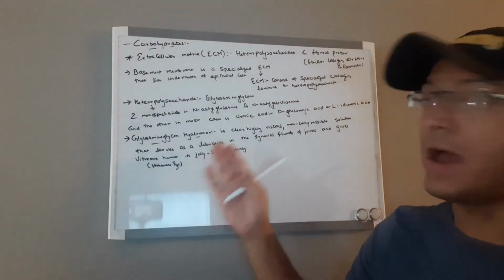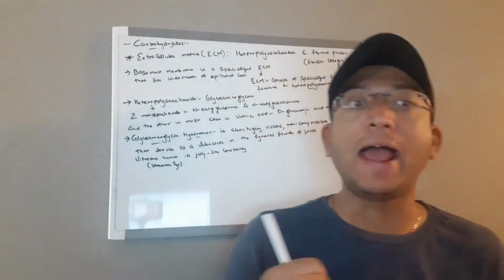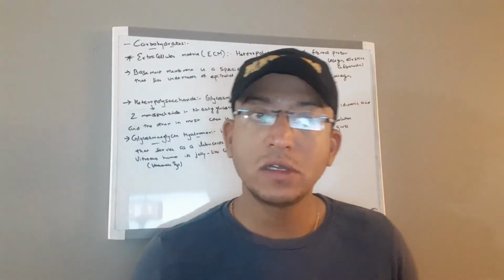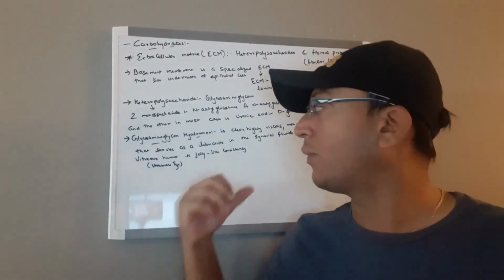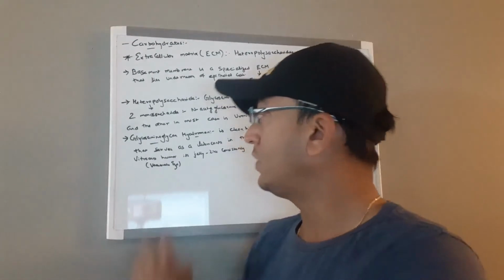This is in all vertebrate eyes, right? And by its name, hyaluronan, in Greek hyalos means glass, so that's why it gives a glassy or translucent appearance. So that was the one function.